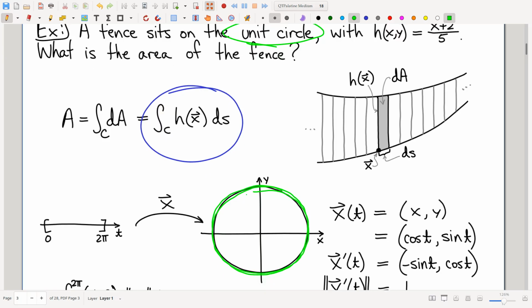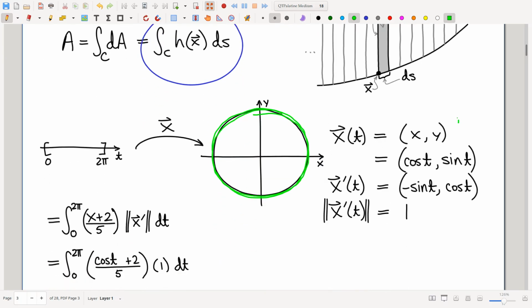how do we parameterize that unit circle? Well, a pretty standard choice. It's pretty easy to compute the derivative, and pretty straightforward to compute the speed, namely the magnitude of that velocity, being the derivative. Everybody with me?